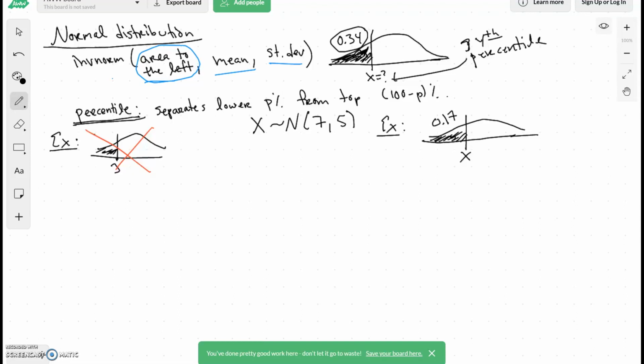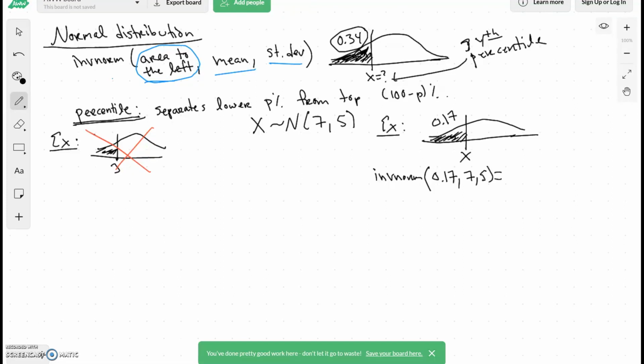This is a problem where we have to use inverse normal. So here we're going to use inverse norm. Area to the left. Do we know the area to the left? Yes, it's 0.17. Do we know the mean? The mean is still 7, and the standard deviation is 5.